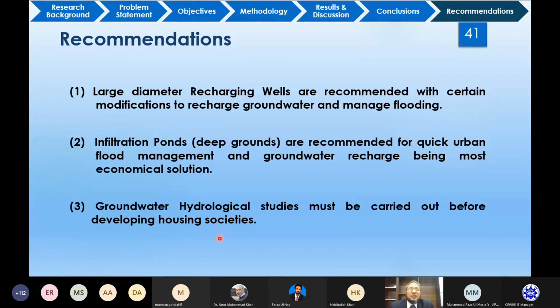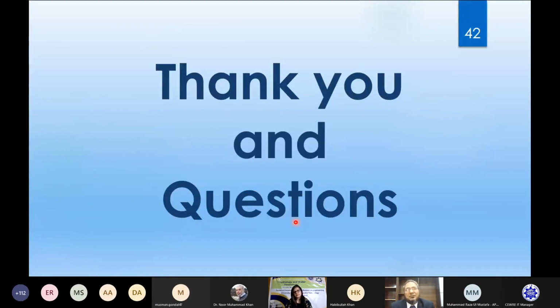And I also recommend that before launching any urban society or housing society, groundwater hydrological studies must be carried out, and the approvals should be given by the LDA and other authorities after having a proper, appropriate groundwater hydrology study. And with this, I would like to conclude my presentation.